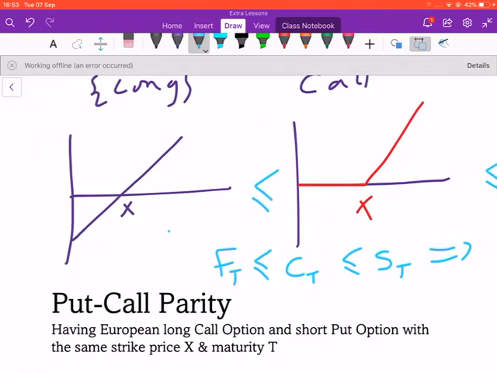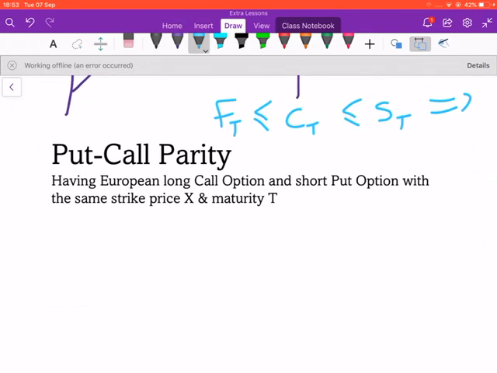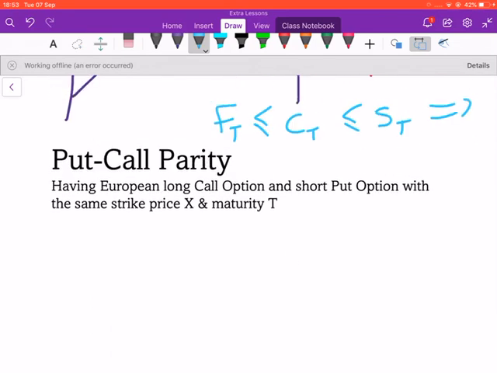So anyway, we will discuss one last theorem before we move on, which is called the put-call parity. The put-call parity is important in helping us price our options, right? It basically gives us the relationship between a call option and a put option, as well as a forward contract.